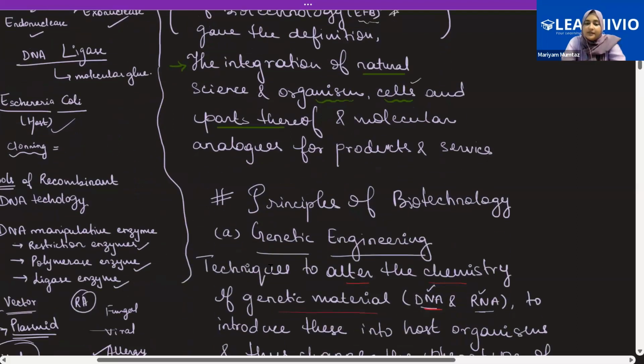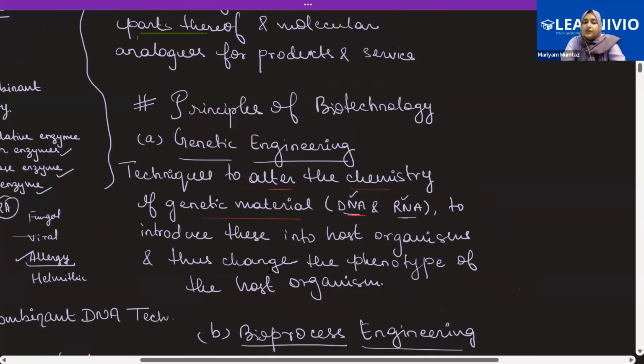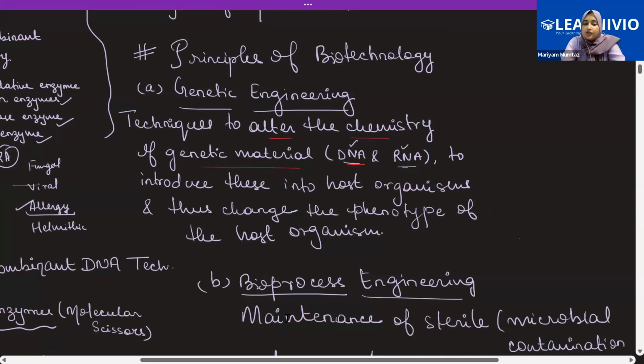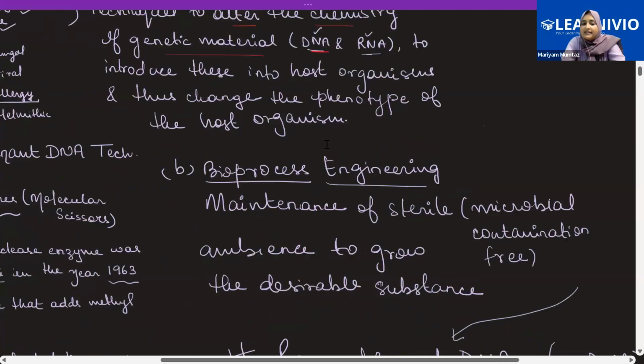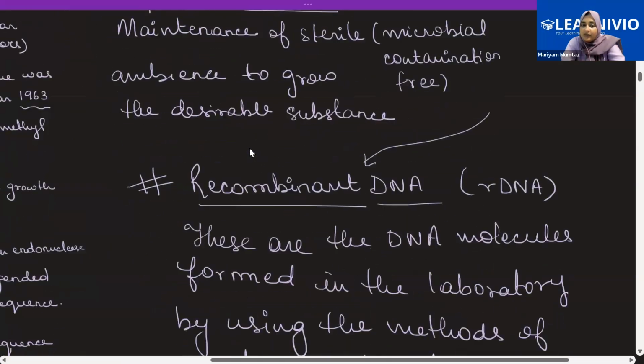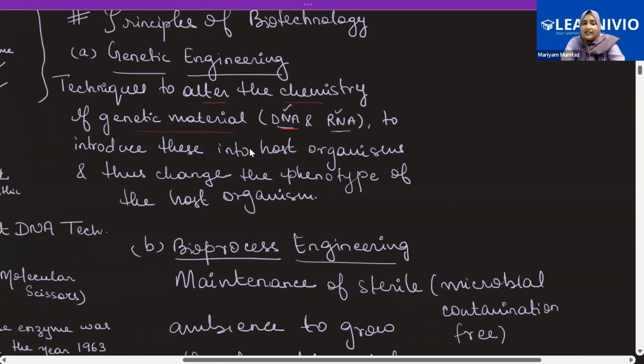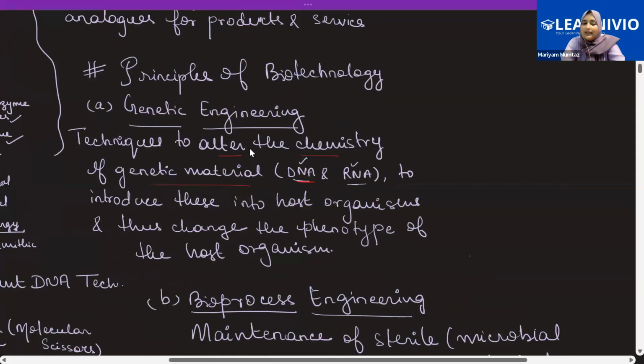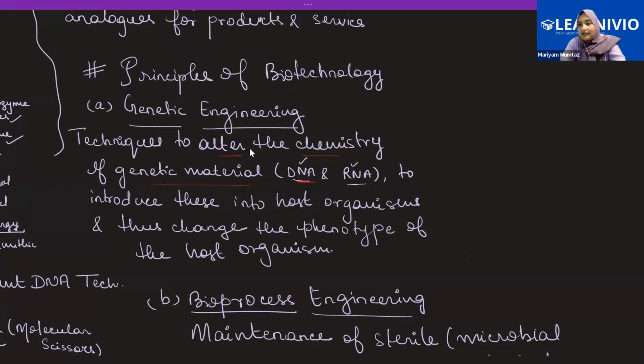Now, talking about the principles of biotechnology. Biotechnology is based on two principles. The first principle is genetic engineering, and the second principle is bioprocess engineering. Now, genetic engineering is basically when you alter the genetic material.